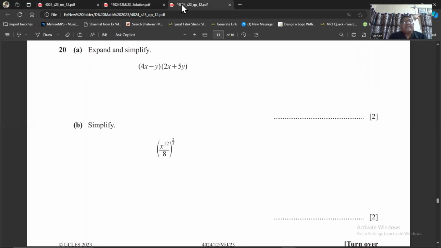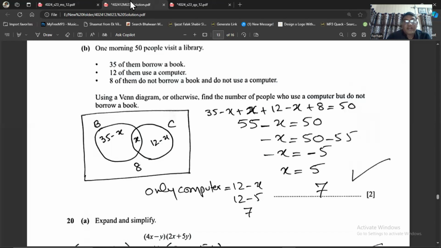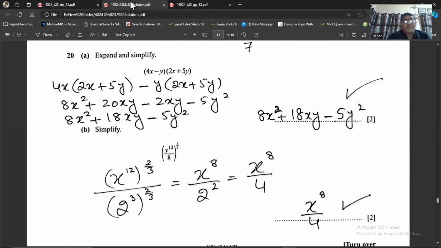Question number 20, he says expand and simplify. This is the A part of question number 20. Here we have two brackets which are multiplying with each other. So the 4x will multiply with the second bracket, then the minus y will multiply with the second bracket. Very simple and straightforward question. So 4x bracket start 2x plus 5y bracket close, minus y bracket start 2x plus 5y bracket close.